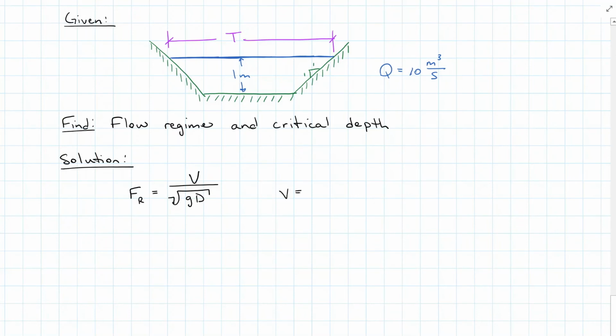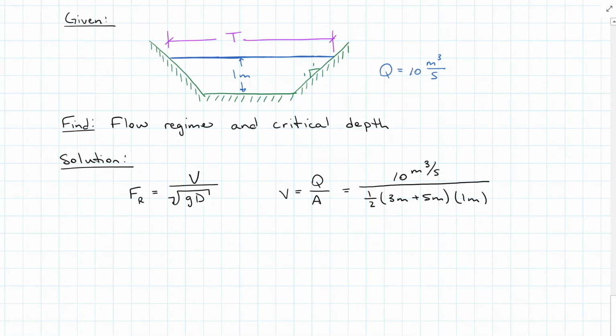Our velocity is going to be the flow rate divided by the area. So we've got a trapezoid, so that is going to be 1/2 of 3 meters plus 5 meters times a depth of 1 meter divided into the flow rate of 10 meters cubed per second.